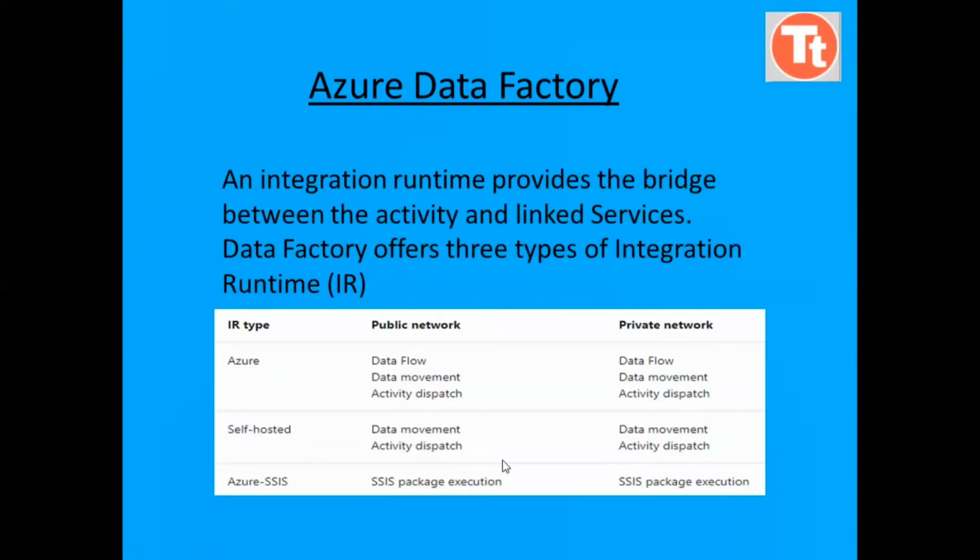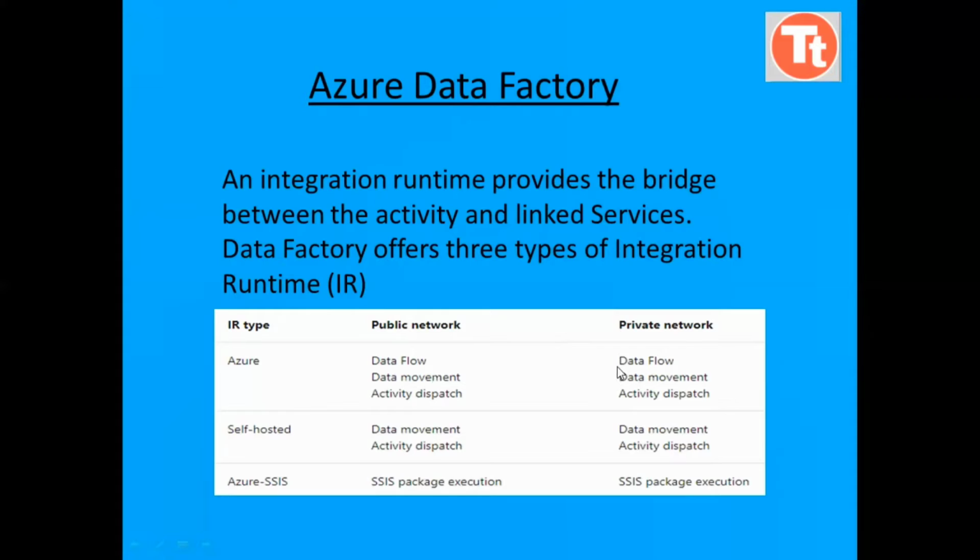So basically Azure Data Factory has three types of integration runtime, and it provides the bridge between the activity and the linked service. We can see here the integration runtime types are Azure, self-hosted and Azure-SSIS, and these are for different environments, like the public network environment and the private network environment. The first type, Azure integration runtime, can perform data flow, data movement and activity dispatch on public networks as well as on private networks.